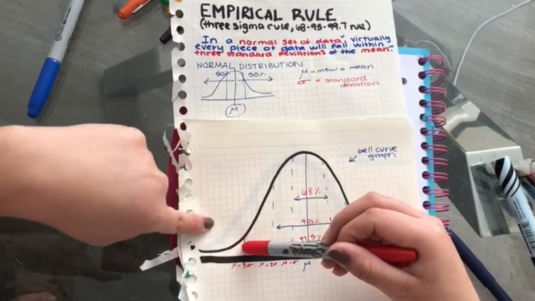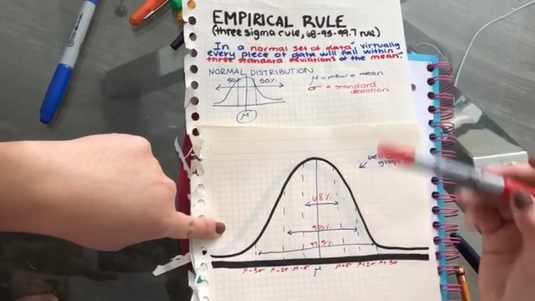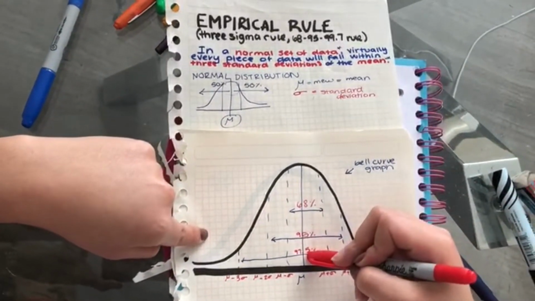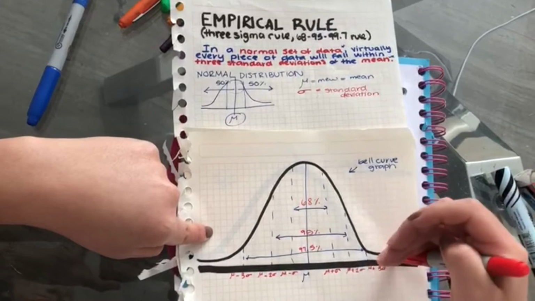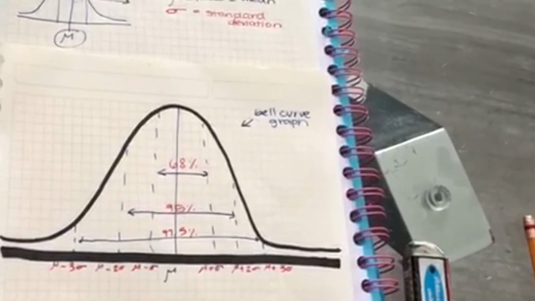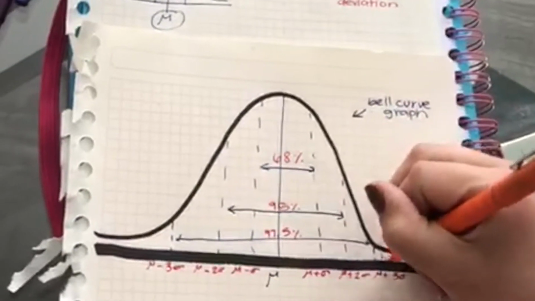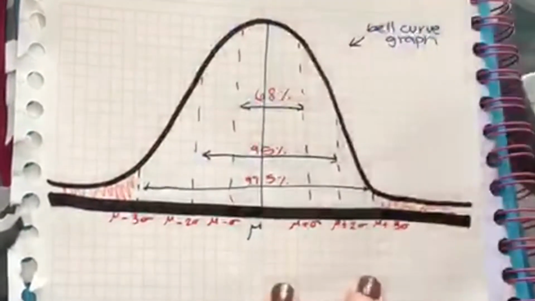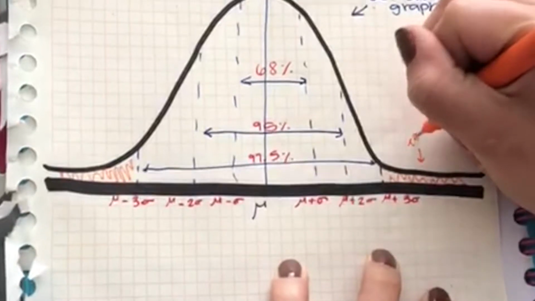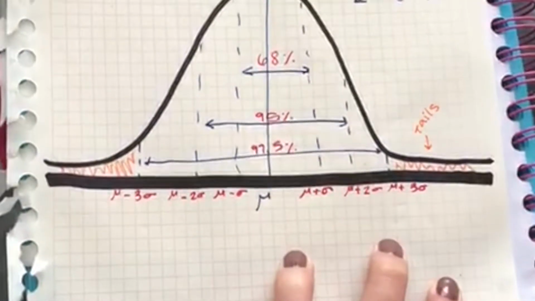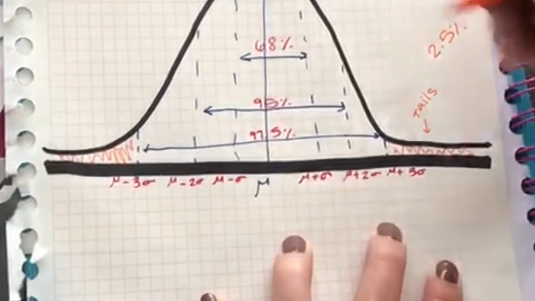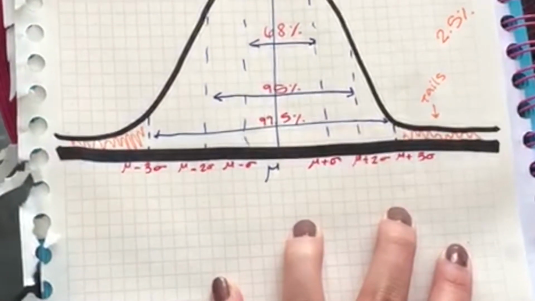So as our definition says, most of the data will fall within these 3 standard deviations. Only another 2.5% is left. So you might be wondering what happens to this area right here. These are what we know as the tails of our graph. And what happens to this 2.5% that does not apply to the empirical rule?